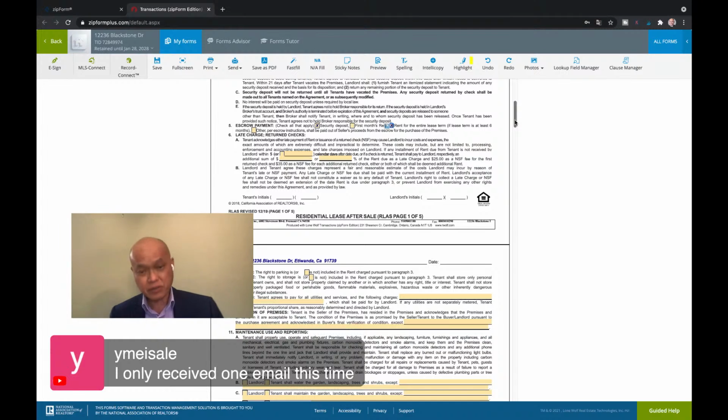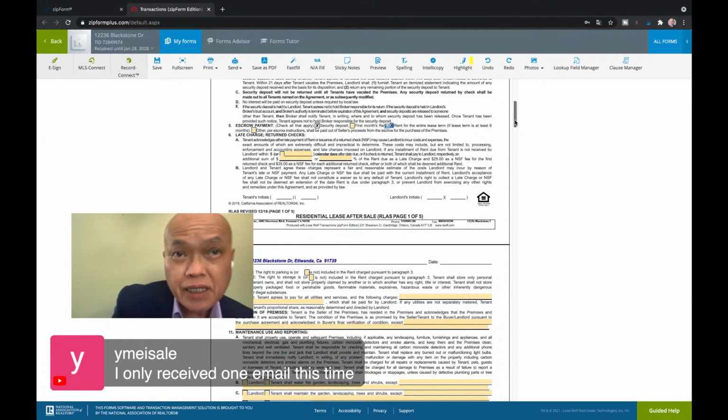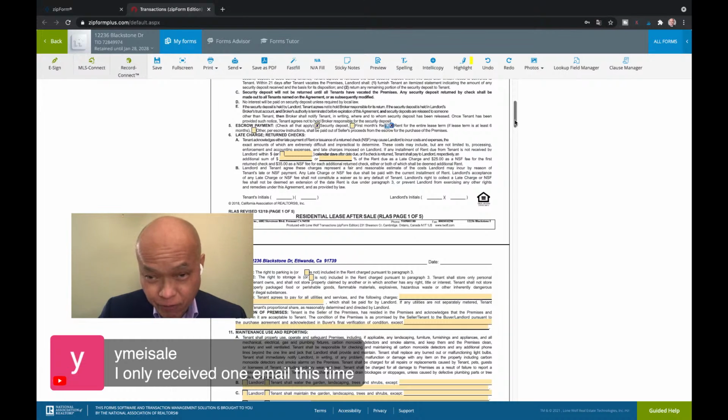Now, the only exception you will make is if somehow the seller wants to have the option of moving out earlier. Some sellers want to negotiate with you. Let's say they may want to negotiate 2 months rent back, but then they want to add a condition. What if on the 45th day, they found a place?